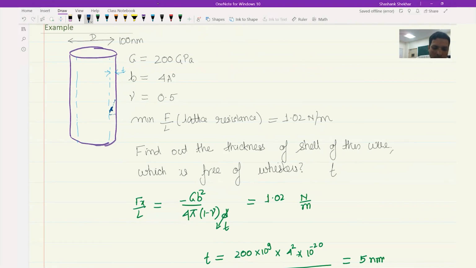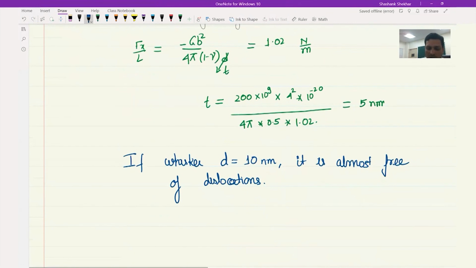That also we can calculate. So only up to this depth, the dislocation would be able to move out, because the lattice resistance would also be different over here. And the dislocations below this would still be there. So there would still be some region where there is a dislocation. And that would also be true for a whisker of 10 nanometer.